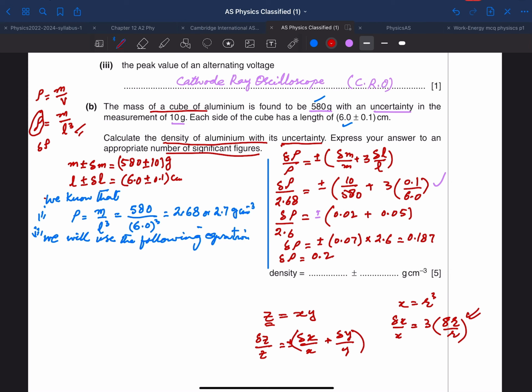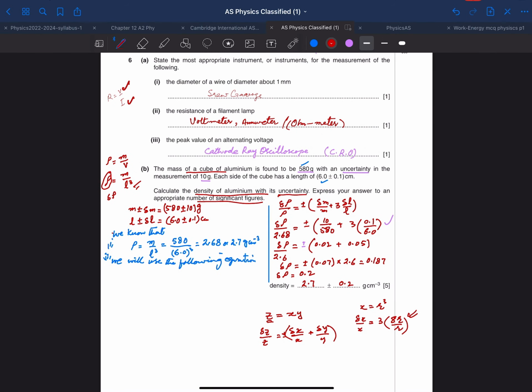Remember one more thing, and this is very simple to understand: as we are talking about uncertainty, mostly we will use the uncertainty in one significant figure. You have to remember this, and when you solve more problems you will understand what we are doing. So simply the answer will be 2.7 plus minus 0.2. So this is what we have to do for the calculation of your uncertainty with the value. This is what we have as far as problem 1 is concerned.